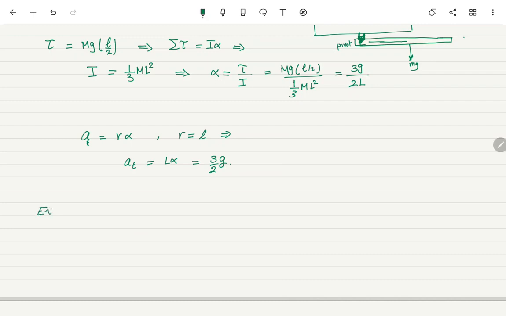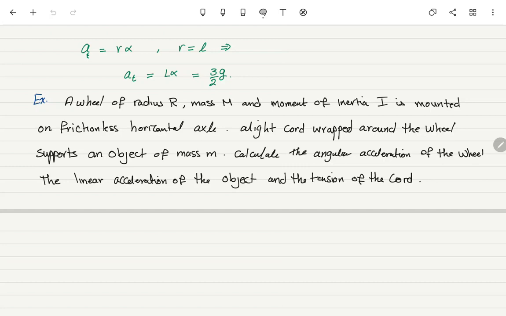Example: a wheel of radius r, mass m, and moment of inertia I is mounted on a frictionless horizontal axle. A light cord wrapped around the wheel supports an object of mass m.